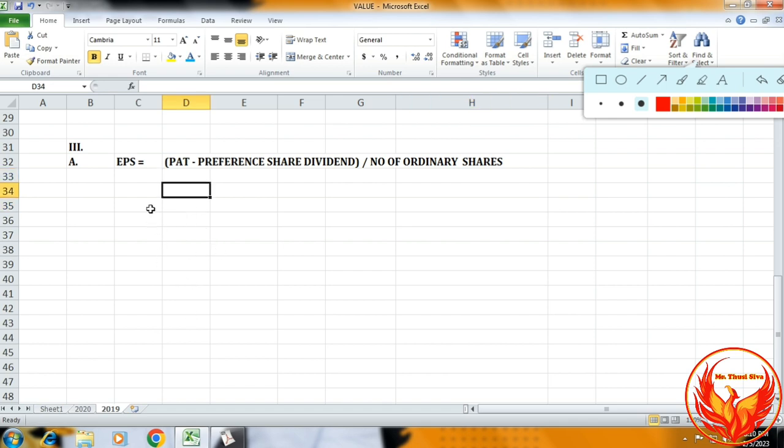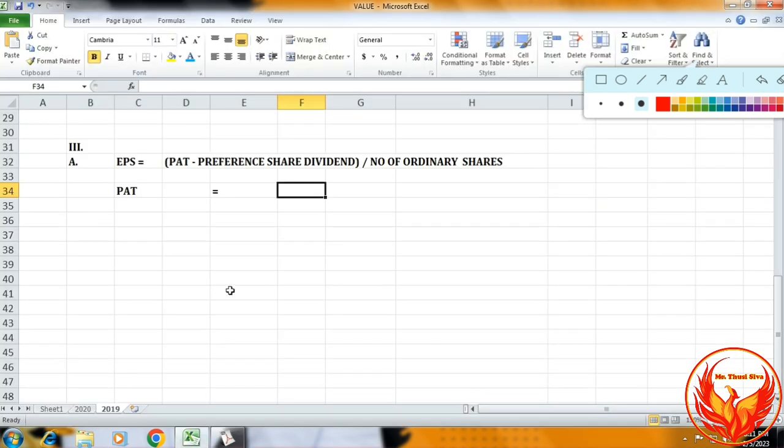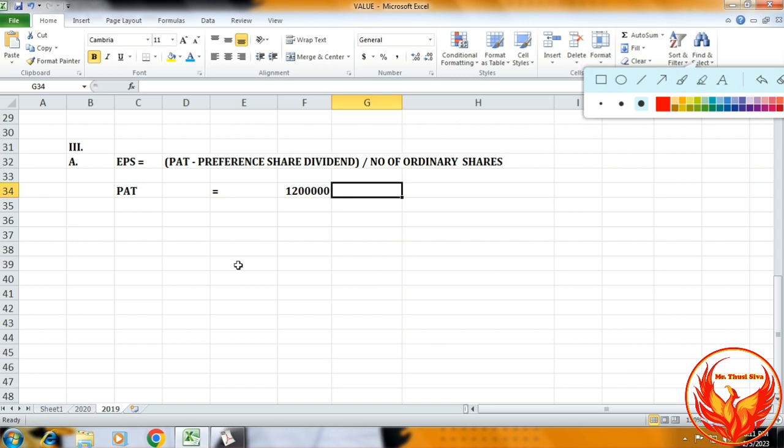So first we have to find the profit after taxation. As per the question, profit after taxation is 1.2 million.